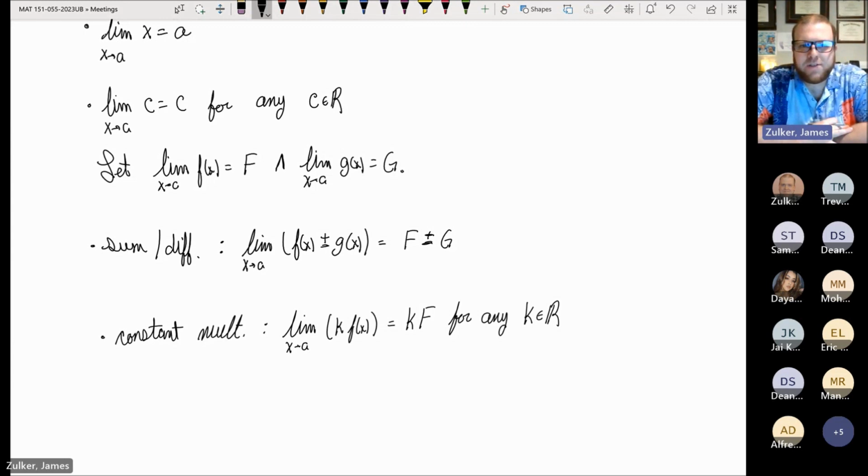The constant multiple law says if you take the limit of the constant multiple of a function, so some real number times a function, then that is just that real number times the limit of the function.